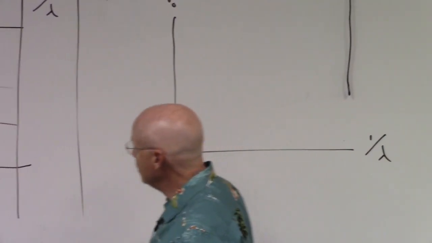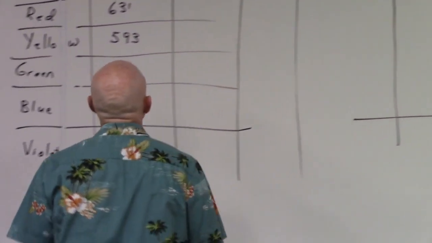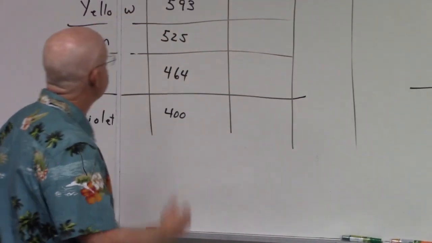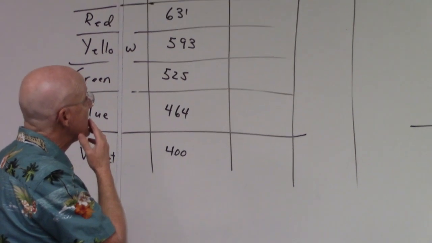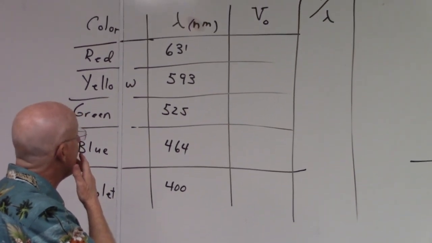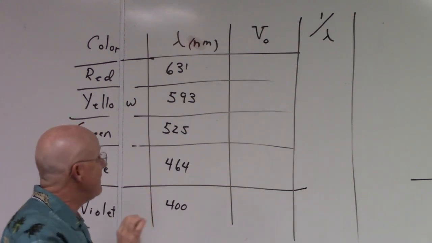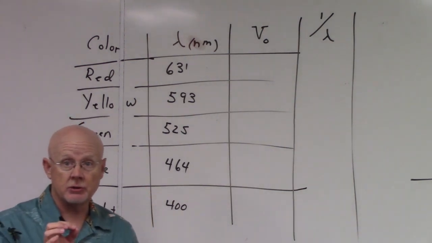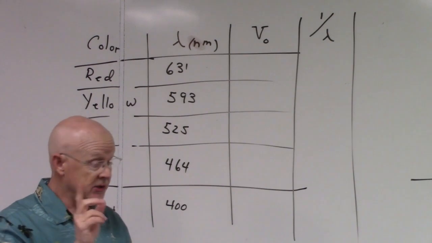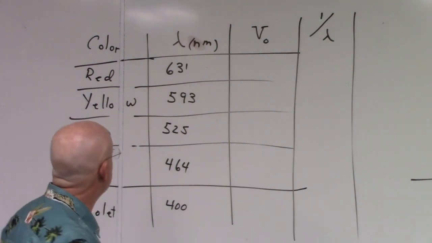Now, I would suggest, and I should have thought about this ahead of time, that maybe we should enter these wavelengths in meters, because you're going to run into a little bit of trouble.